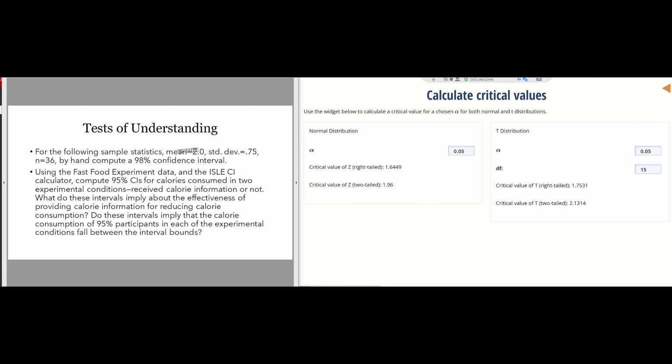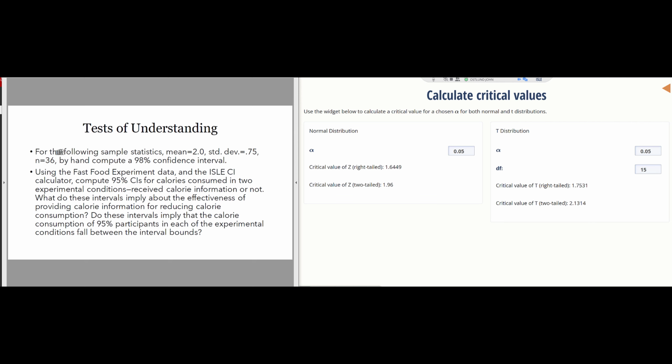This is the sample mean and the sample standard deviation. N equals 36. By hand, compute a 98% confidence interval. I'm going to interpret by hand to mean that we can use ISLE to help us along.